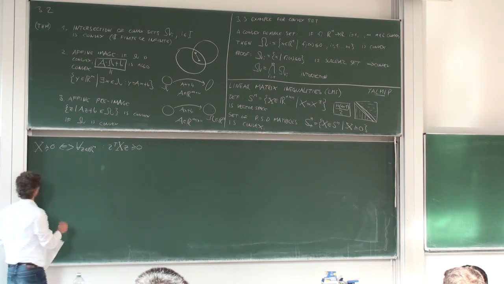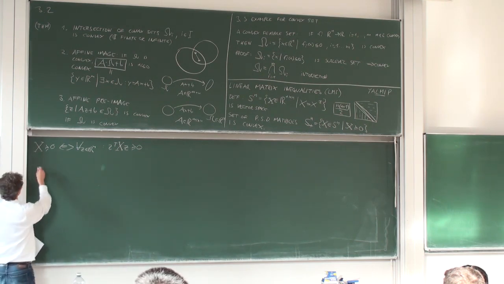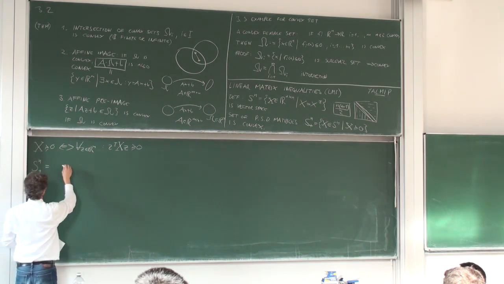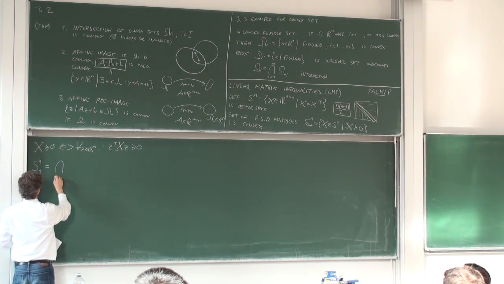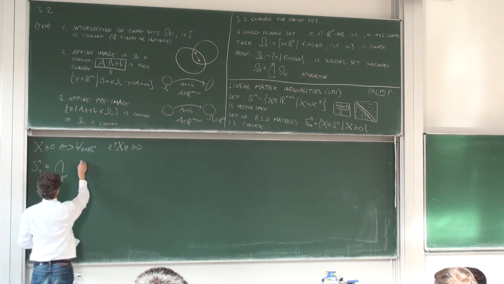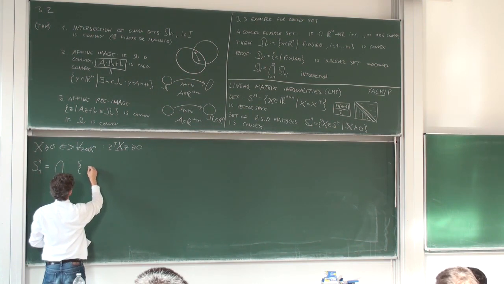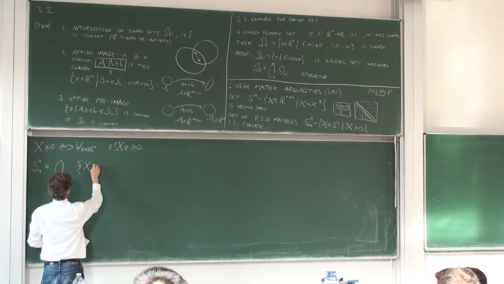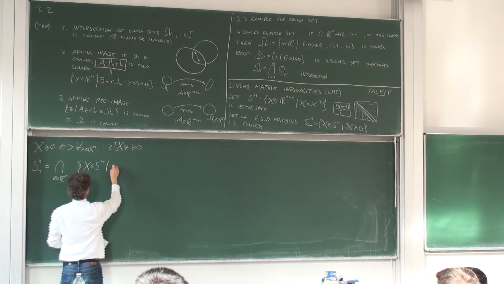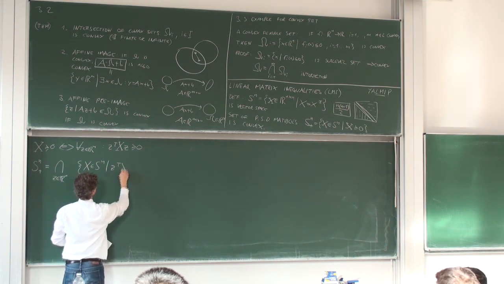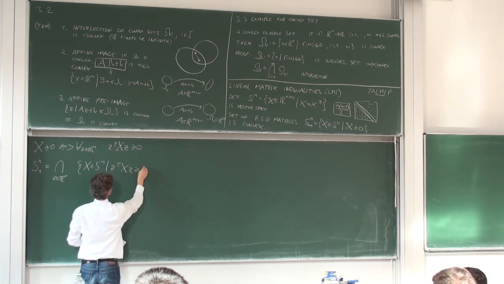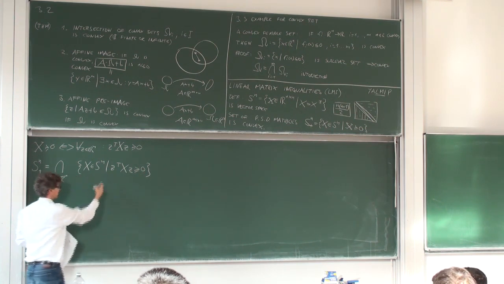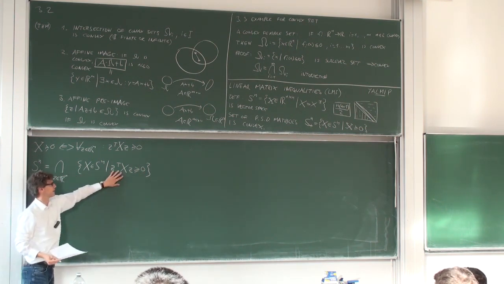So what we can actually say is that this set Sn plus is nothing else than the intersection over all z in Rn of the sets which are described by X in Sn, which satisfy that z transpose X z is bigger than or equal to 0. And for each fixed z, we easily see that this is a convex set.